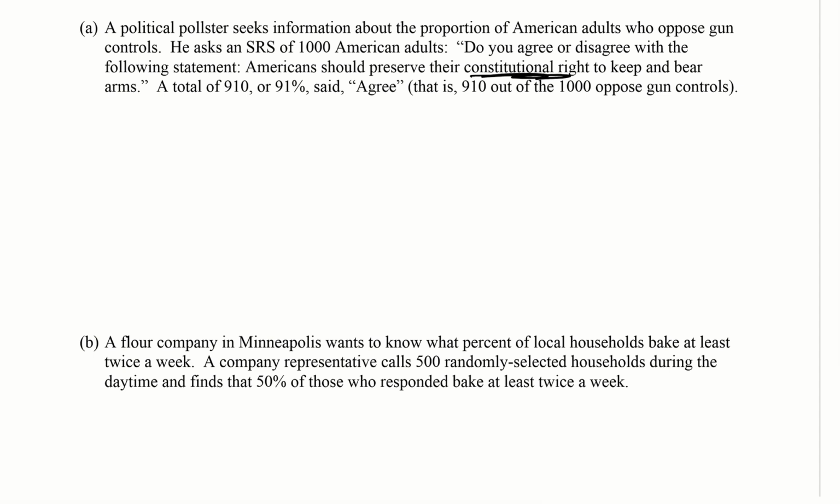So it says that is 910 out of the 1,000 oppose gun controls. Okay. So in this case, this is a question wording bias, right? Question wording bias is the way you word the question allows for a change in the response.